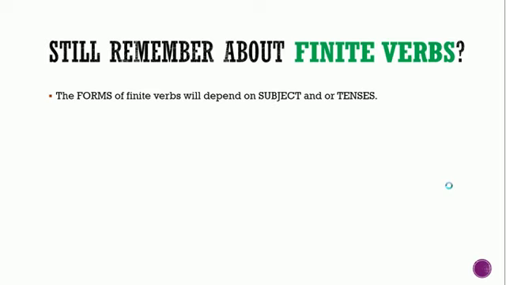The forms of finite verbs will depend on the subject and/or tenses. That is what we call finite verbs: verbs whose forms depend on the subject of the sentence and the tenses.